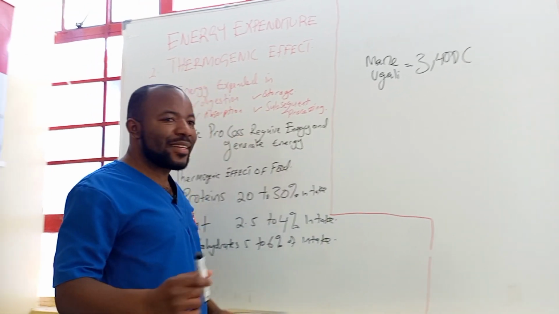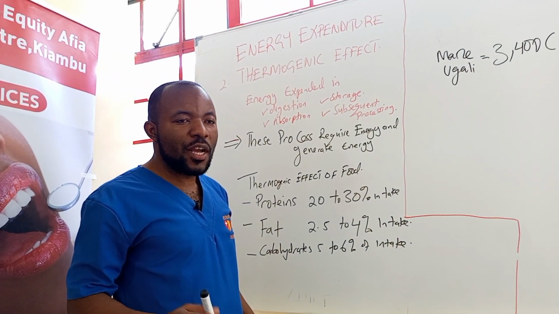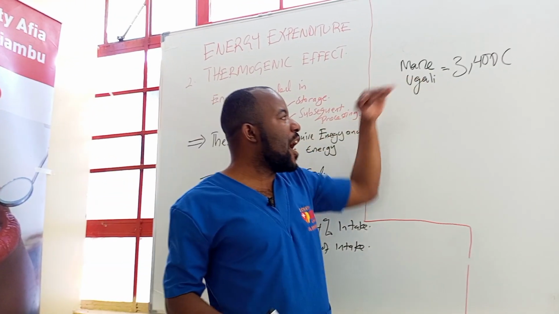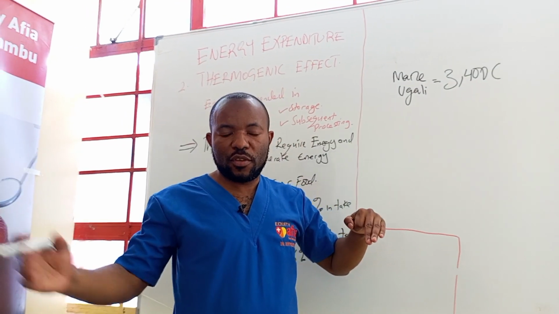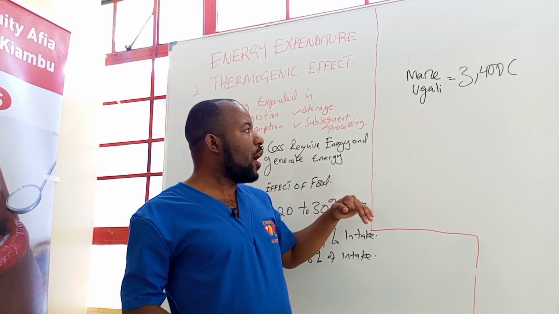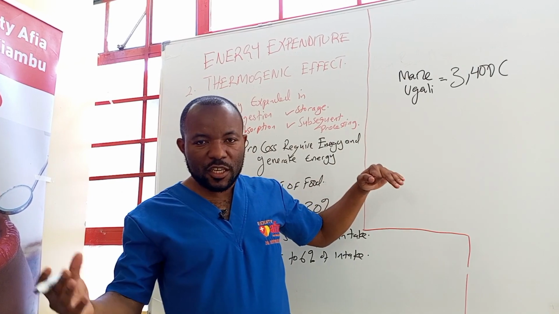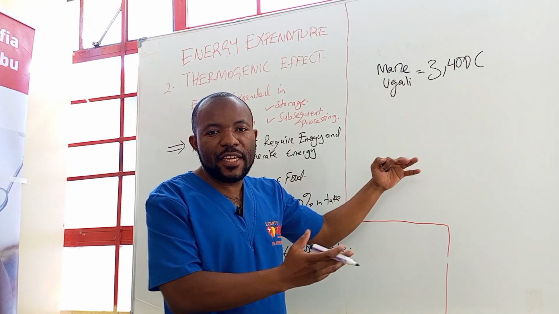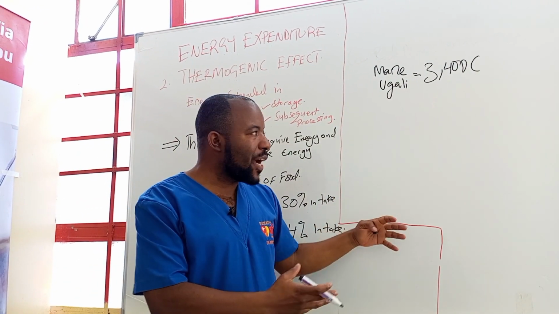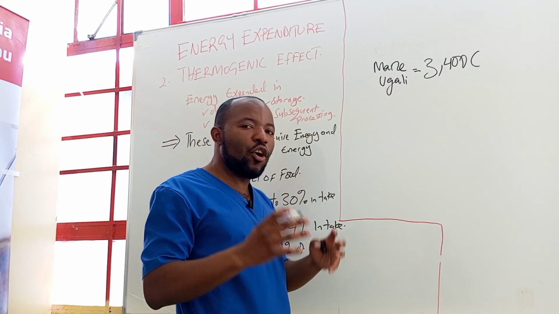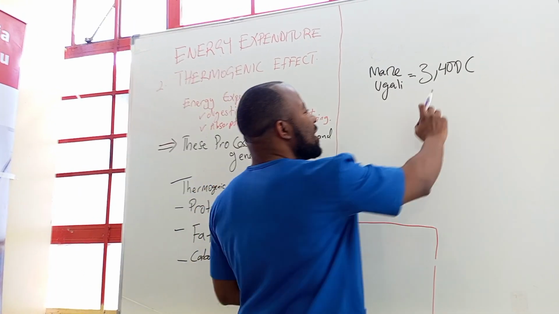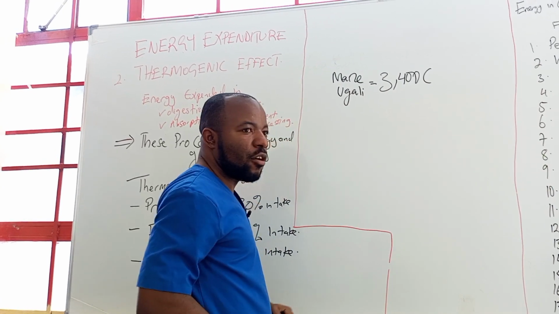So if that person has taken maize and any protein, maybe beans, maybe chicken, or meat, if you have taken in maize, ugali, and chicken, the protein at your meal will deduct 30% of this energy.